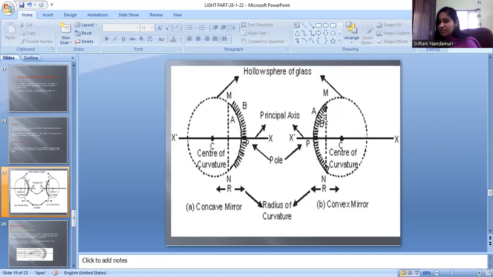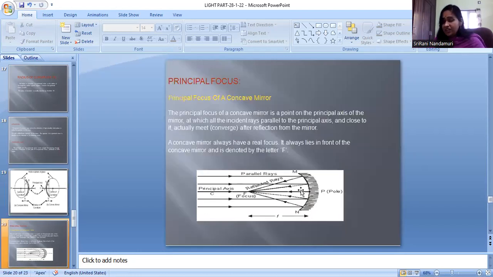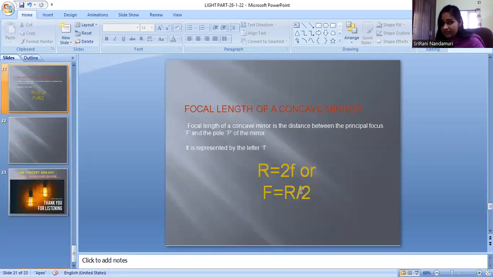In the convex mirror, the image is formed behind the mirror. So all the light rays are scattering from one point, reflecting back. Divergence is taking place, and diverging rays are seen here. So divergence of reflection is seen in the convex mirror.